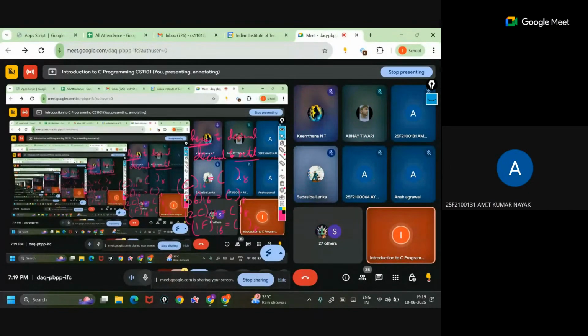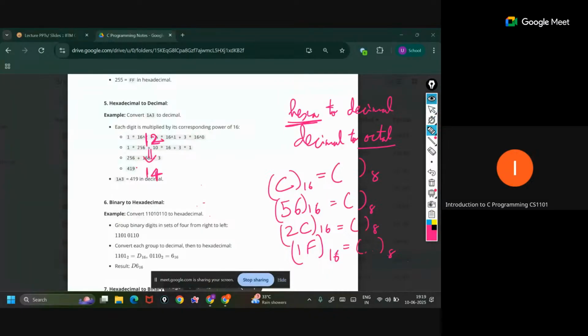Yes, ma'am. Okay. So similarly, I have to convert 56 in base 16. So I have to convert it to decimal. What I have to do is take 6 into 16 power 0.